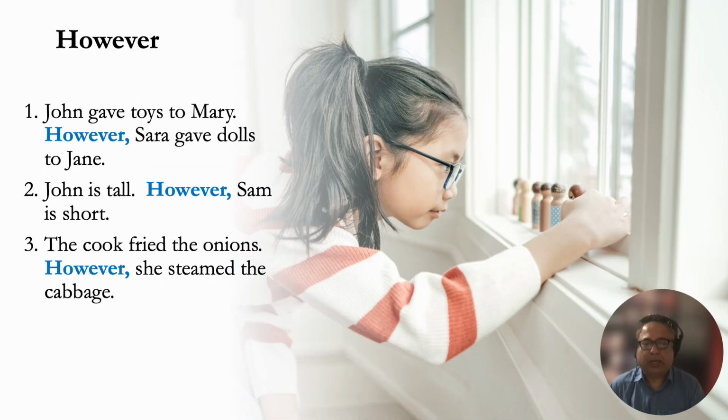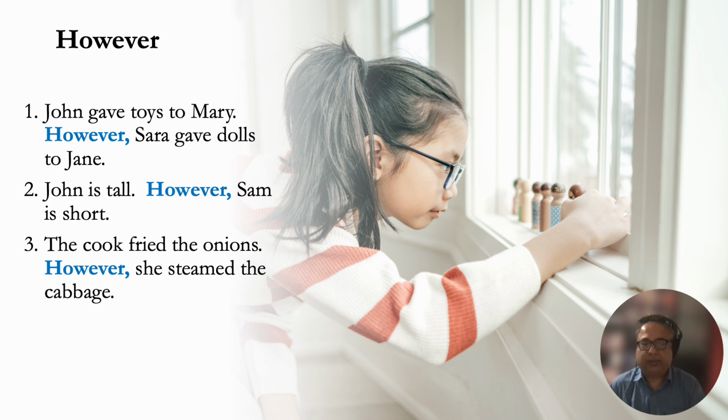Next is however, and sometimes people make mistakes using however as a contrastive discourse marker in terms of punctuation, but I'll explain that to you in a second. However is a contrastive discourse marker that connects two different ideas. So John gave toys to Mary, however Sarah gave dolls to Jane.